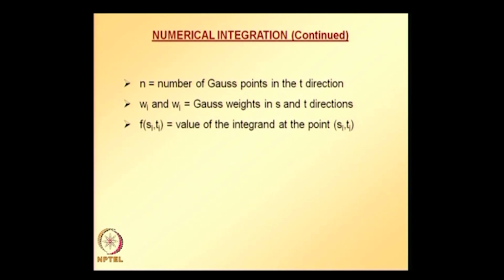The function f(Si, Tj) is the value of the integrand at the point Si, Tj. There are m number of Gauss points in the S direction and n number of Gauss points in the T direction, so the total number of Gauss points is going to be m times n.